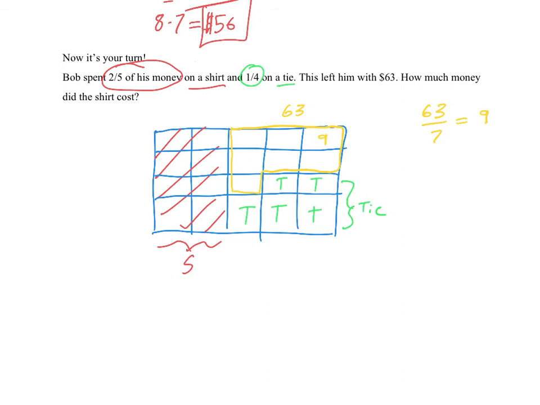So our smallest unit is 9. So now returning to the shirt, again, we're asking how much did the shirt cost. This time around, there's 8 boxes there, and each box represents $9. So in total, it's $72 on the shirt.